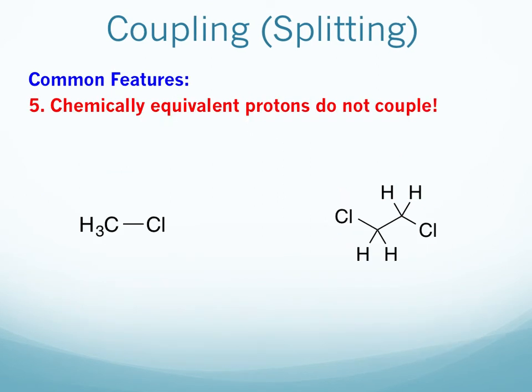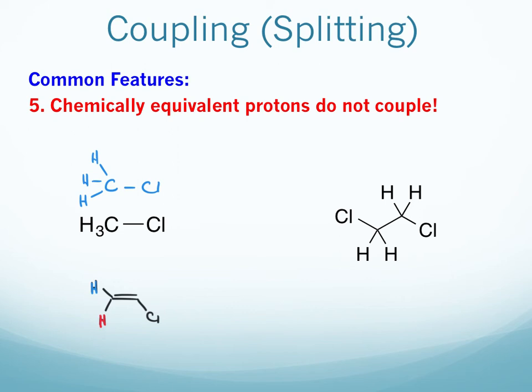Number 5, chemically equivalent protons do not couple. So that's why when we saw this alkene, the 2 hydrogen on that same carbon were distinct. Because they were distinct, those 2 were coupled. But now if we look at just typical alkane type carbons, like the CH3, you can't differentiate those 3 hydrogen.